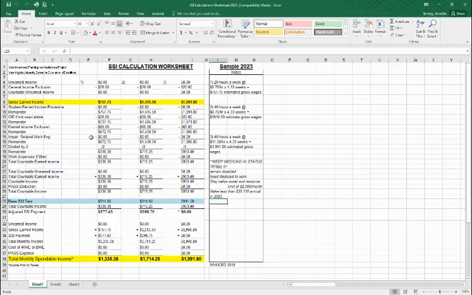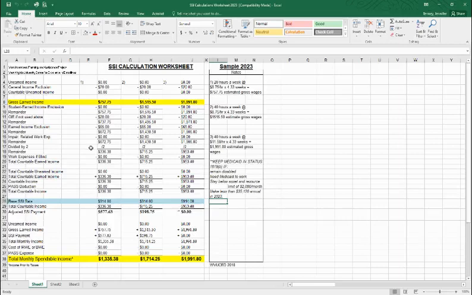We don't have any impairment related work expenses in this example, so after we take off our $20 general income exclusion and our $65 earned income exclusion, for every $2 we make, $1 must come off of our SSI cash benefit.